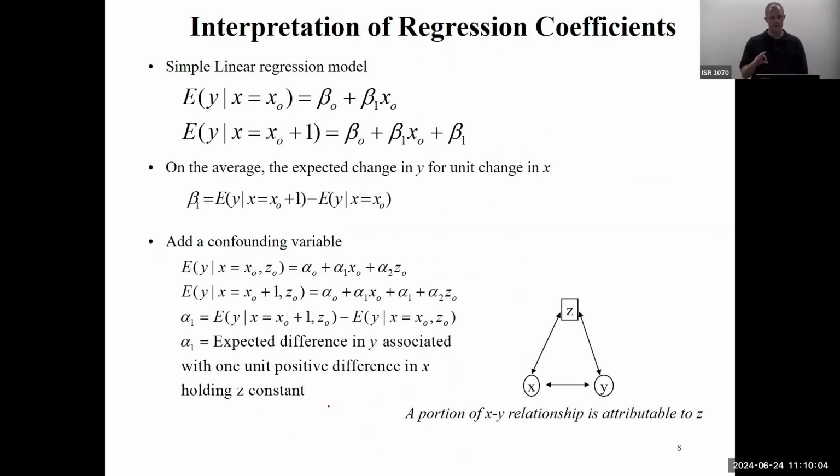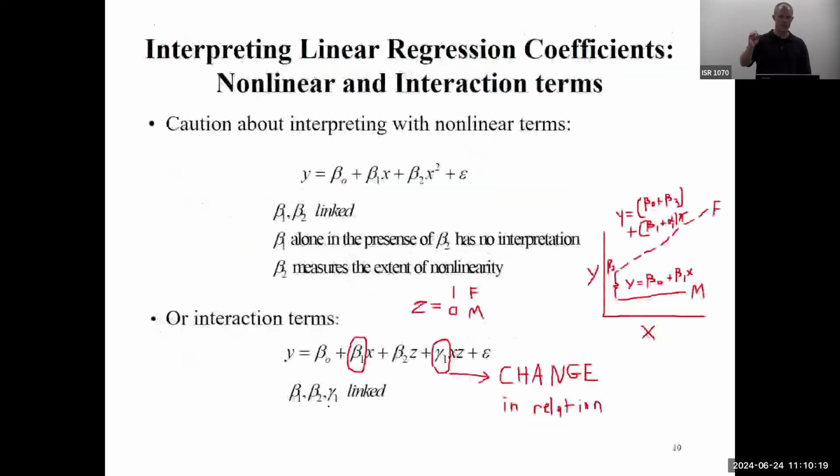I just used the categorical variable for simplicity because you can compare 1 to 0 very easily. But if z was continuous as well, you hold z fixed at that value when you interpret the relationship of x. And in the context of interactions, you're still talking about what happens as z increases by 1 unit. How does that relationship change as z goes up by 1 unit? So z does not have to be categorical. You could have an interaction using a continuous z as well.